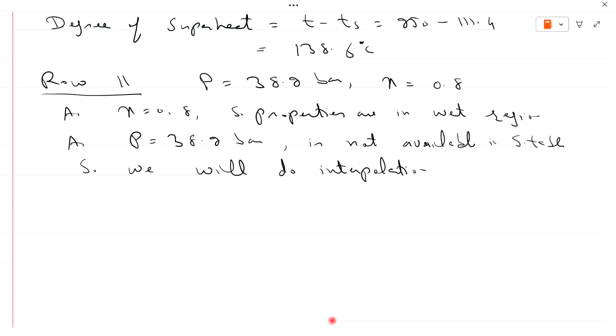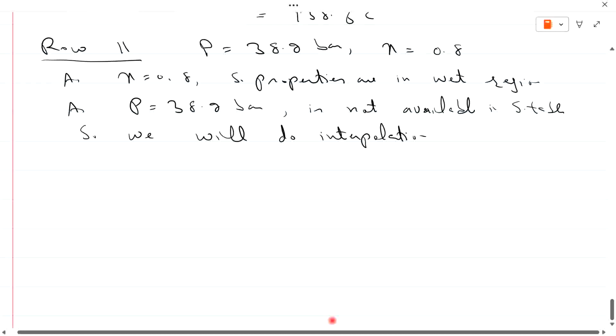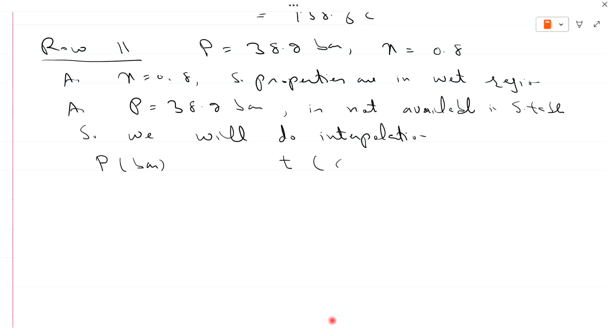First we find temperature by interpolation. Pressure in bar, temperature in degree centigrade. 38 bar and 40 bar are available in the steam table, but 38.2 bar is not available.